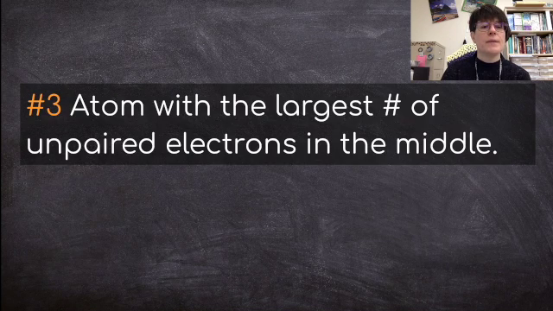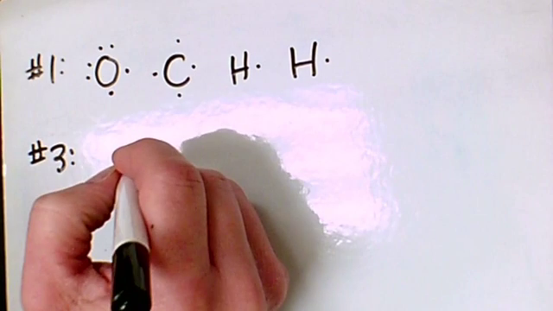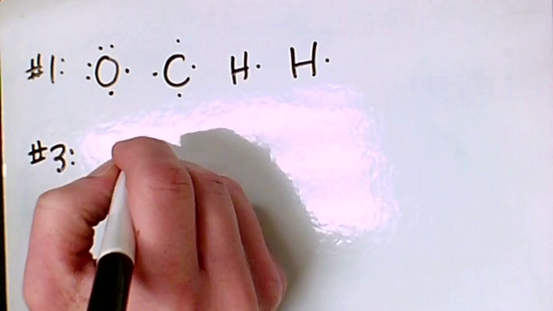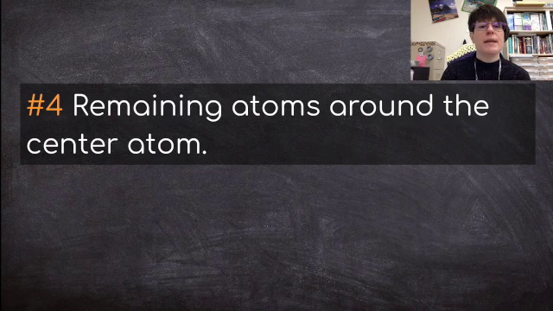The third step is the atom with the largest number of unpaired electrons goes in the middle. Step 3 is to take the atom with the largest number of unpaired electrons and put it in the middle. So that is our carbon. Fourth, the remaining atoms go around the center atom, like puzzle pieces.